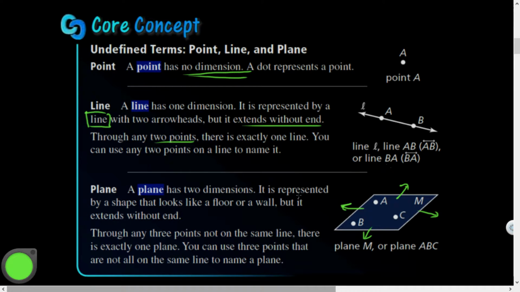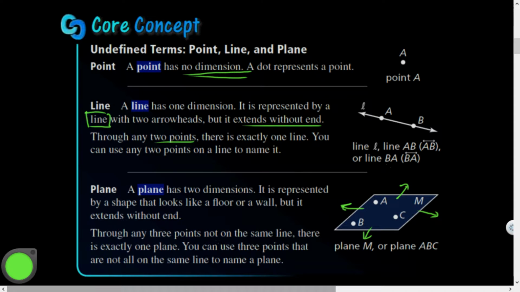It is represented by a shape that looks like a floor or wall. Oftentimes we'll draw it kind of like a parallelogram, so imagine a perspective isometric drawing, perhaps, if you've taken a drafting class, imagine this being a square from a top view if I was to look down at it, but I'm looking at it from an angle. Then here it makes this claim.